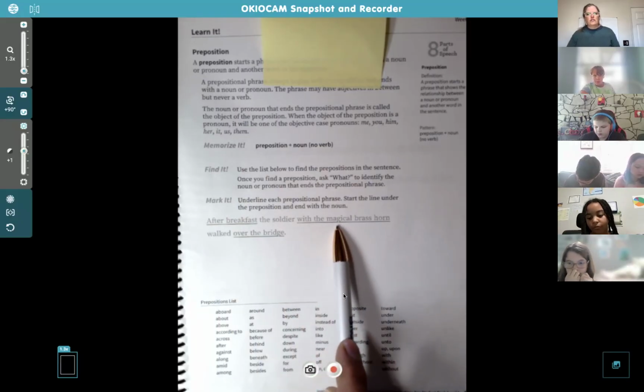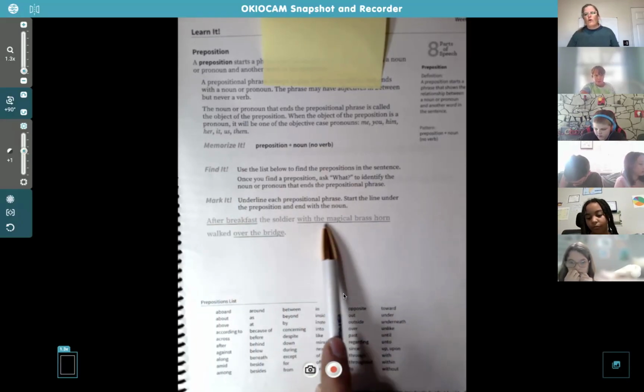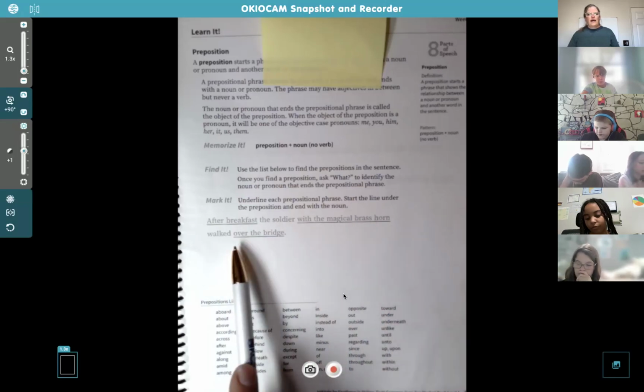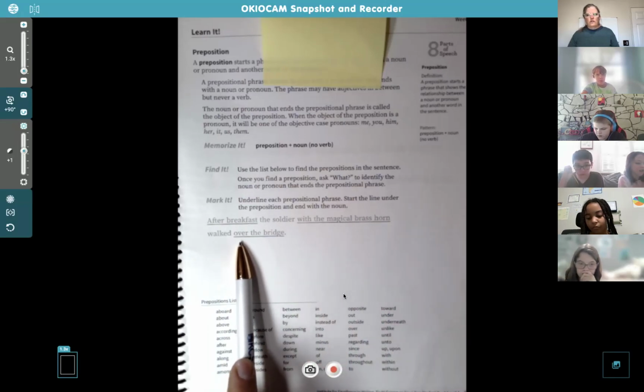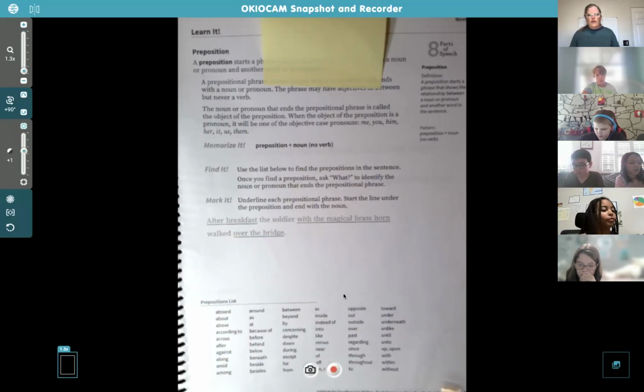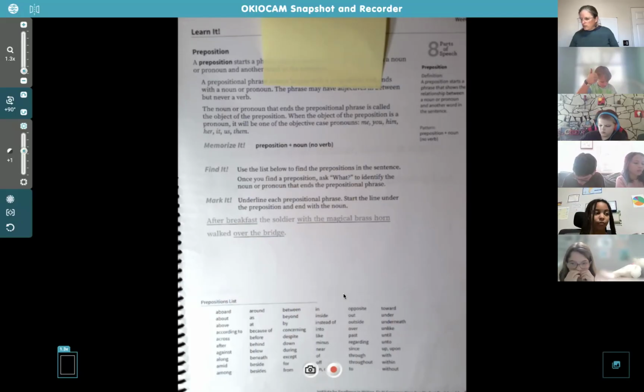With the magical brass horn. That's the whole phrase. Last one says over. See if you can find the word over in your list. Give me a thumbs up if you find it. Good. Eris found it. Good. Sydney. Over. Starts with an O. Good.